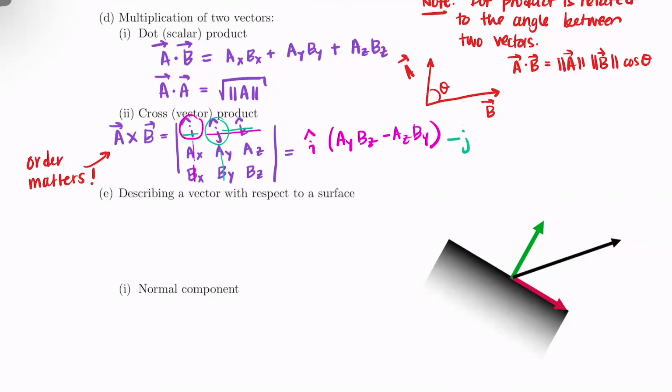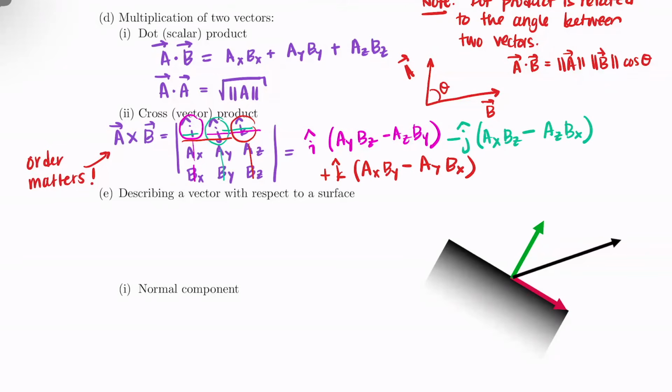So I have minus J hat times AX BZ minus AZ BX. And then last but not least, we have our third subdeterminant. So we have plus K hat times AX BY minus AY BX. Everybody feels good about this?